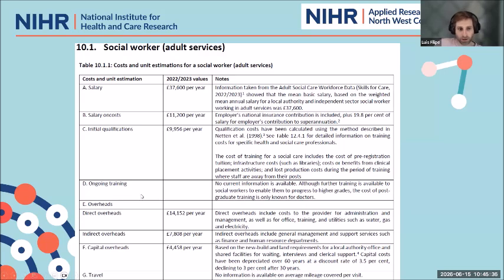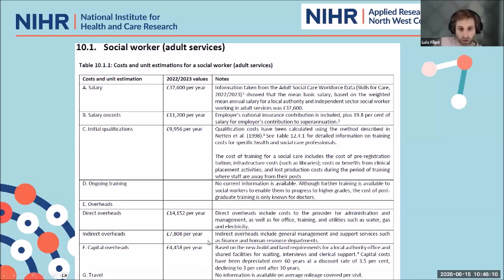Then we enter the overheads department. That is the part when I was giving you the example of the hip surgery, where I was talking about the water, the electricity, gas, and the other types of professionals that work in the hospital just to make the hospital work. So let's read it. Direct overheads include costs to the provider for administration and management, as well as for office, training, and utilities such as water, gas, and electricity.